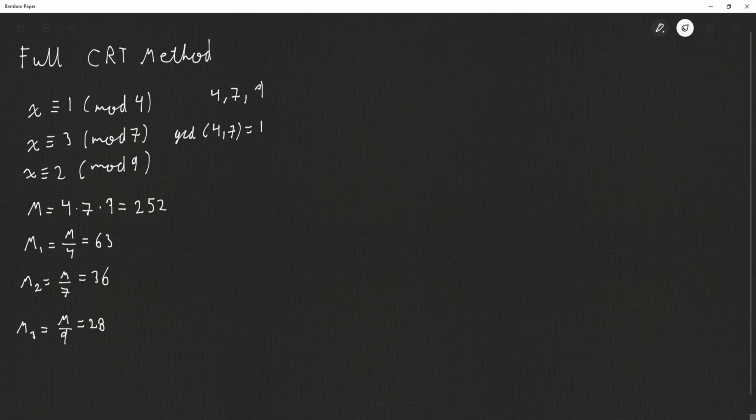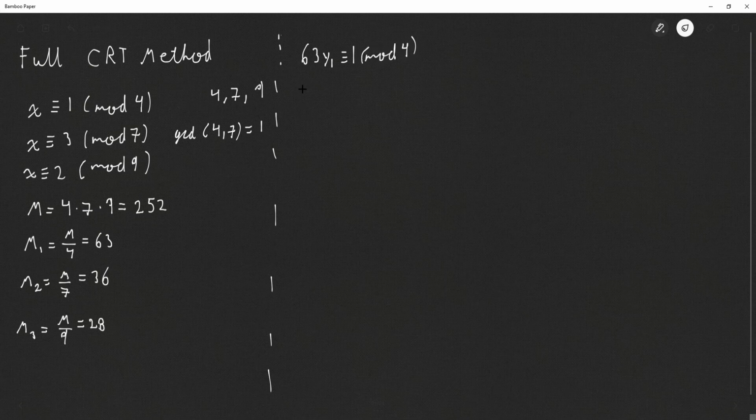Now, what we need to do is find each inverse. So we'll do a little dotted line down the middle and start writing on the right side. So we need numbers y1, y2, and y3 such that 63 multiplied by y1 is congruent to 1 modulo 4.